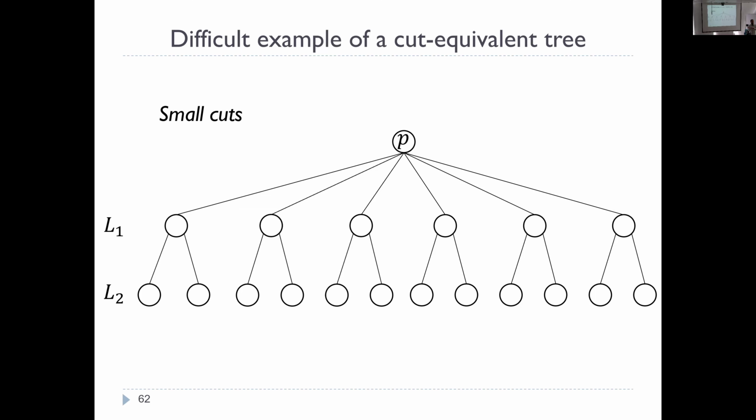Well, if the graph is the tree, then yeah, but it's a little degenerate. It depends on how much power you give me. Some graphs have just one Gomory-Hu tree, some have more than one.